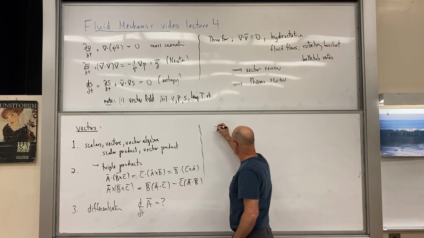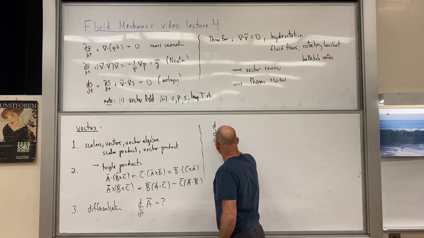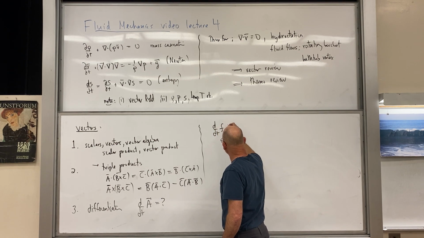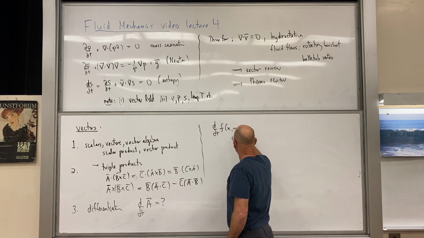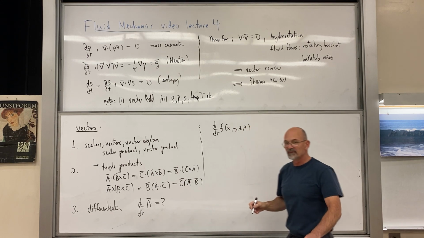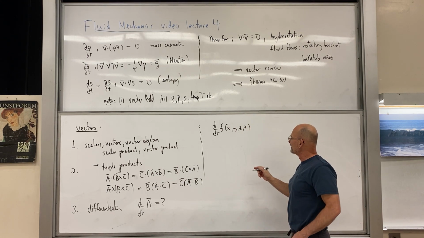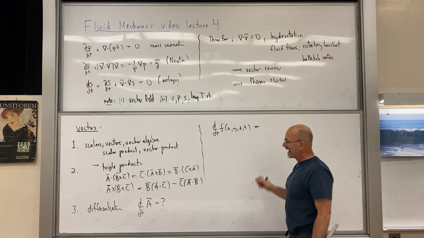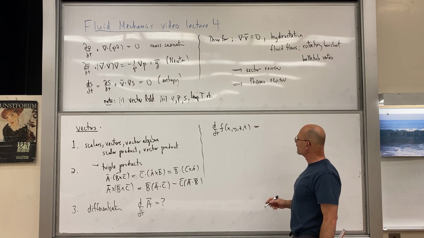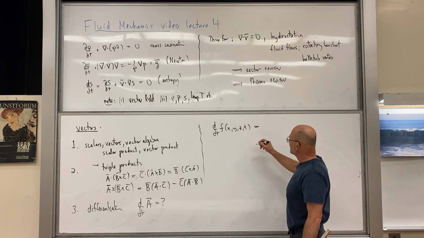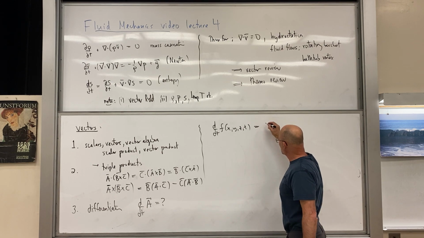Or we could start with the time derivative of some scalar f(x, y, z, t). We did a couple of these already. And then you have to know the chain rule. Very important, the multivariable chain rule. And we'll go ahead and do the time derivative first.